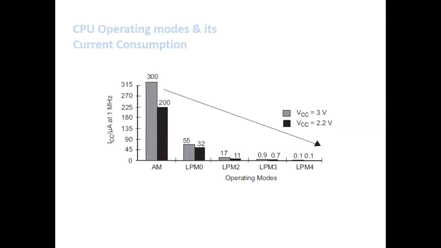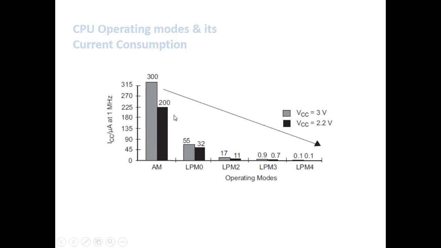And here is the diagram for comparing various modes of MSP430, starting from active mode to low power mode 4, for two different voltages, 3 volts and 2.2 volts. For active mode, for 3 volts of VCC, it starts from 300 down to 55, down to 17, then 0.9 and 0.1 microamps.